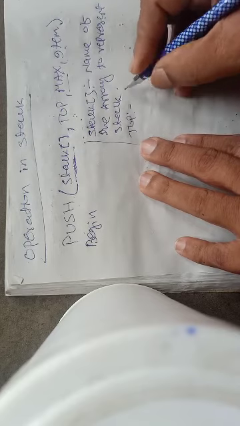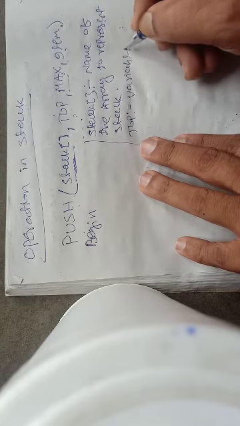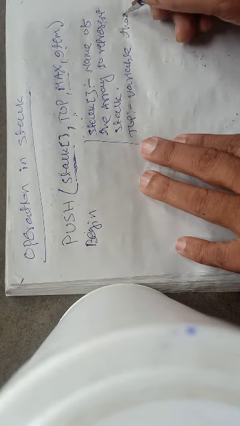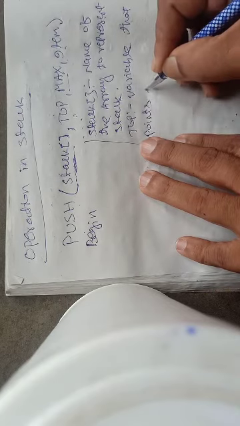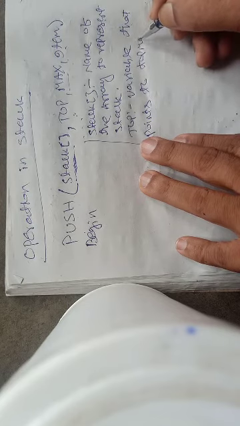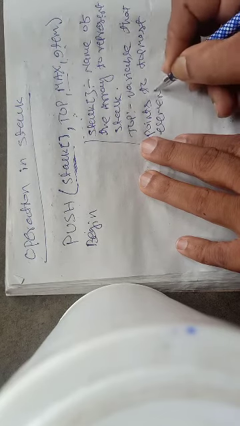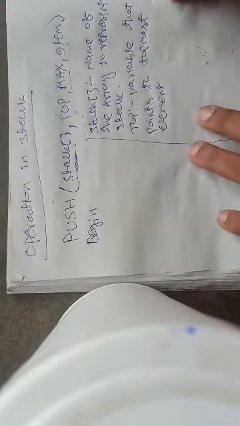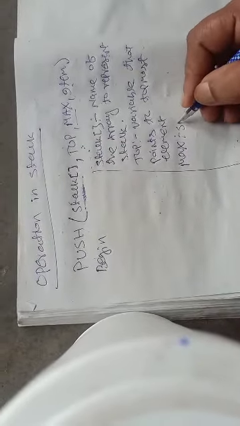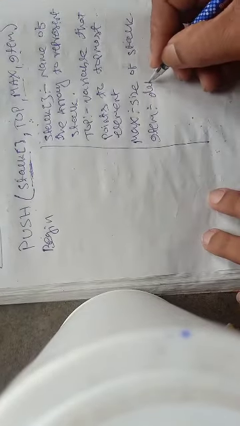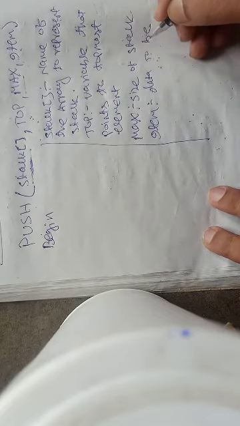Top means the variable that points to the topmost element, so its value must be an index that points to the topmost element. Max means the size of the stack. And finally we have item, which means the data to be inserted.